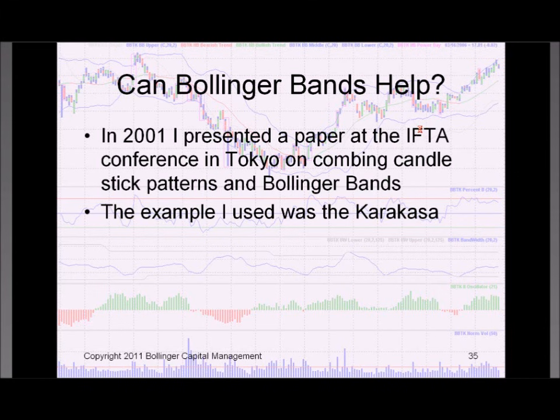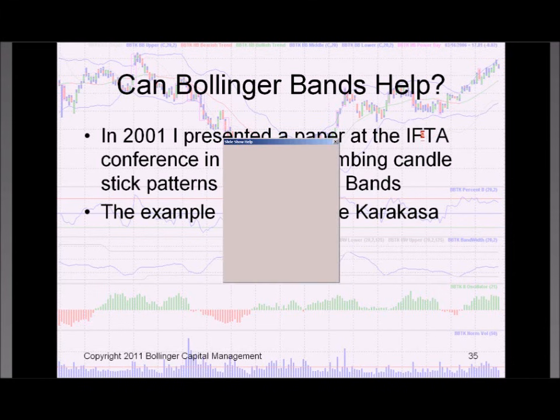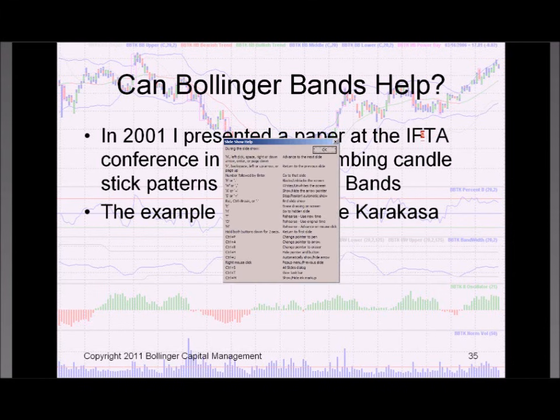But in 2001, the Japanese Technical Analysis Society, the Nippon Technical Analysis Association, or NTAA, invited me to come to Japan and present a lecture at the IFTA, that's the International Federation of Technical Analysis Conference, that was being hosted in Tokyo that year. And I agreed.